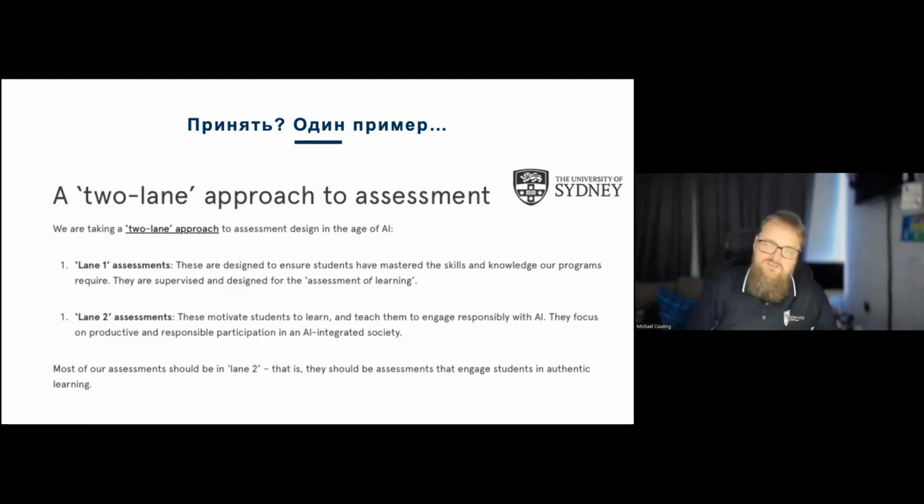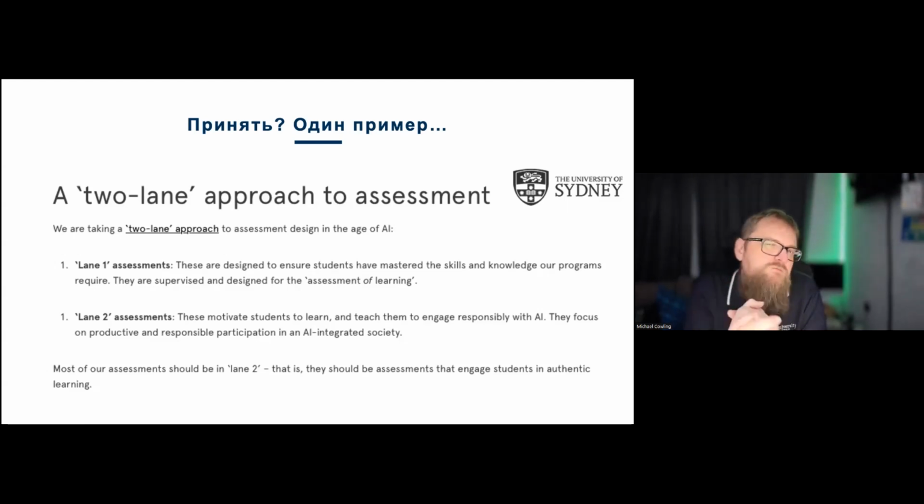In other words, we don't want you to use generative AI for this assessment. Or are you designing your assessment to be enhanced with AI and for students to engage responsibly with AI to actually do that assessment, in which case we call that a lane 2 assessment?